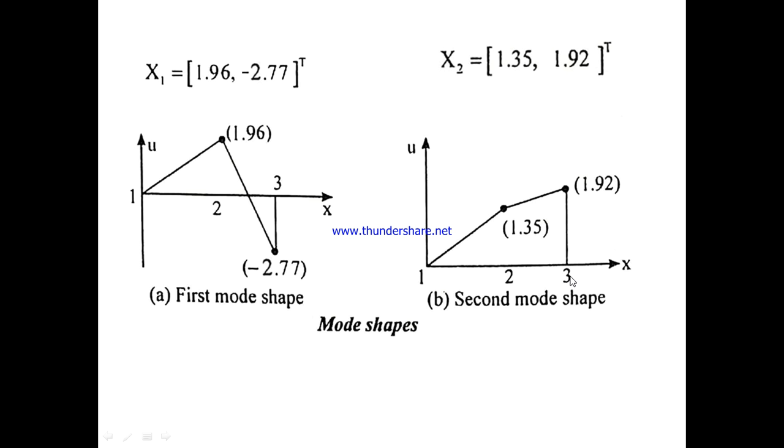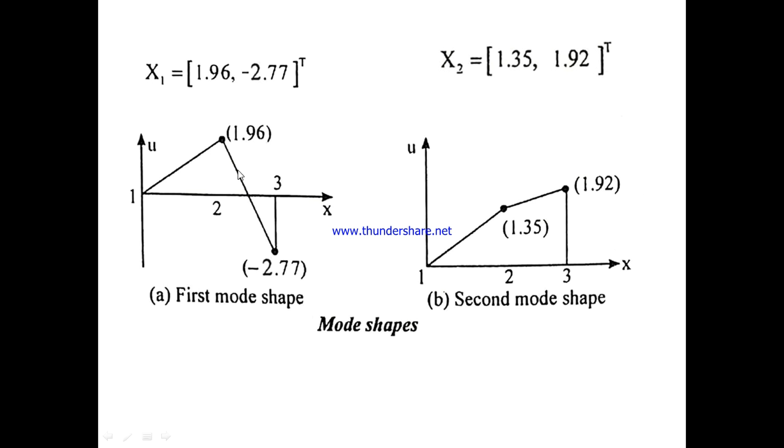So we have q2, q3. This is the first mode and the second mode, because the modes depend upon the eigenvalues, how many eigenvalues you have. Here we have two eigenvalues, so two mode shapes. At node 1, you can observe carefully in both the cases, it is 0. It starts from 0, q2, q3. q2 is 1.92 at node 2, at node 3 it is minus 2.77.